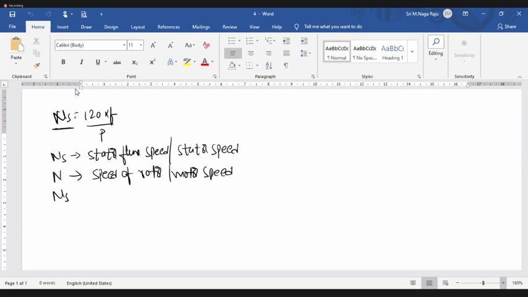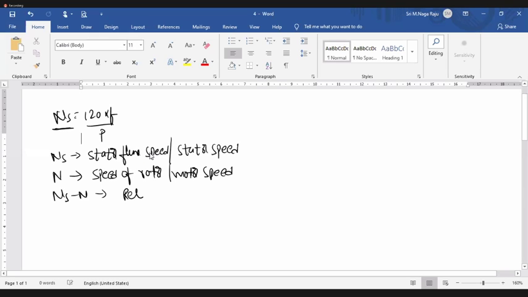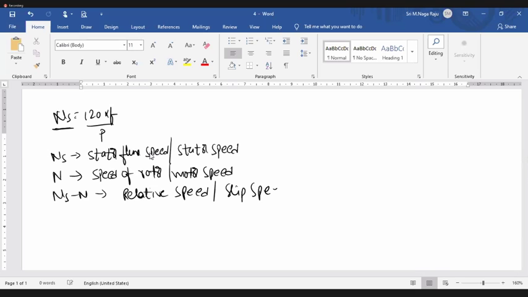So now Ns minus N is the relative speed, or we can call it as slip speed.